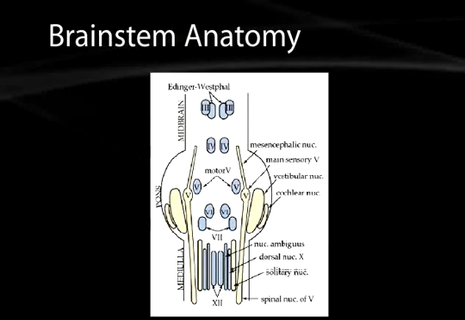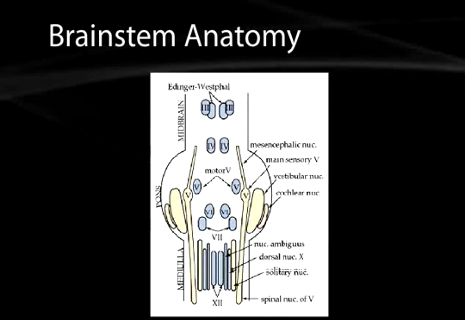Now, if you look into the medulla, you're going to see a heck of a lot of nuclei down there. I call it the Manhattan of the brain. It's where a heck of a lot of stuff is very packed in. So you're going to see nuclei of cranial nerves 9, 10, 11, and 12. You're going to see them all together back over there.